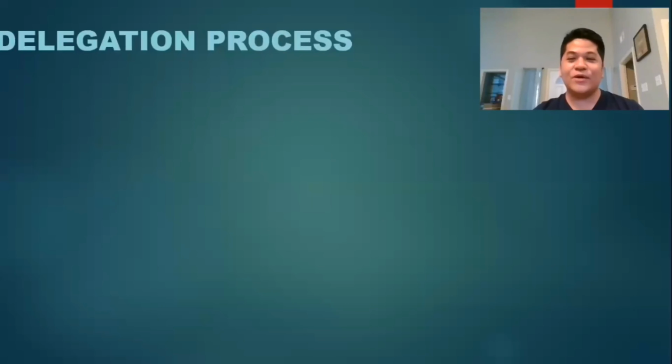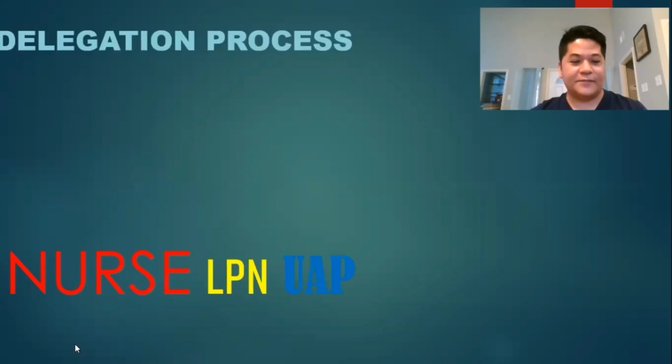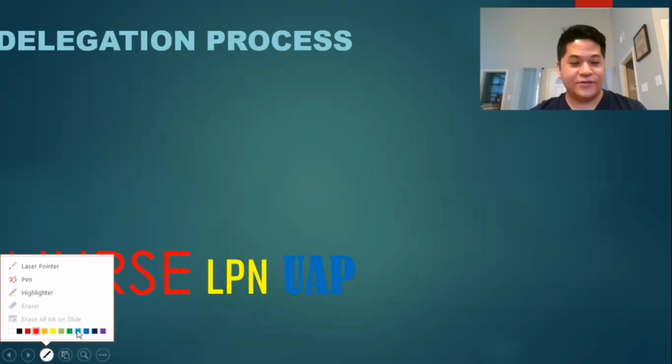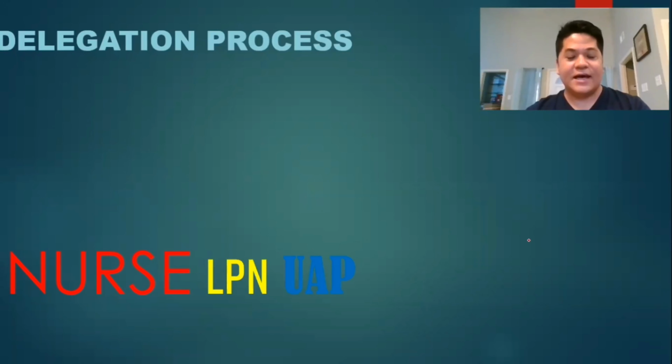Without further ado, we're going to tackle this video on the delegation process on NCLEX. Now, the delegation process is very important in the field of nursing because as a nurse, you have your own duties and responsibilities, as well as to your licensed practical nurse and your UAP, the unlicensed assistive personnel.